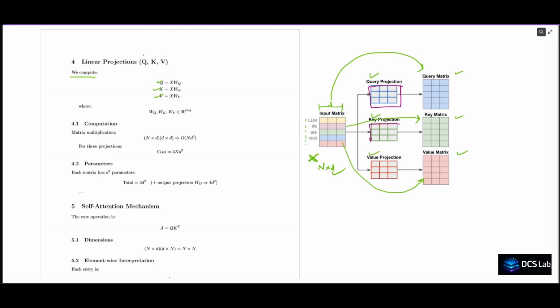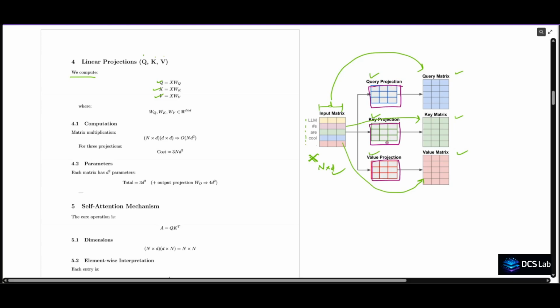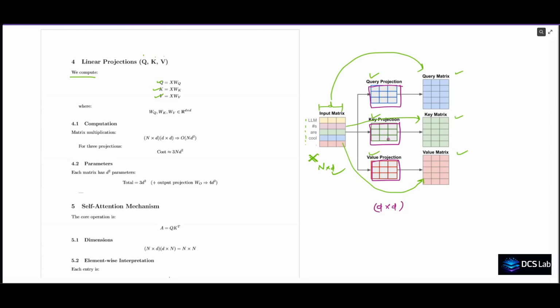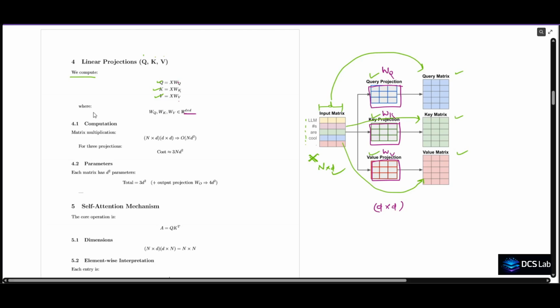These are trainable matrices, and all of them have equal dimension. In the example you see 3 cross 3, but the dimension actually is d cross d, depending on the embedding size. This is WQ, this is WK, and this is WV. W stands for weight. Now, let's compute.